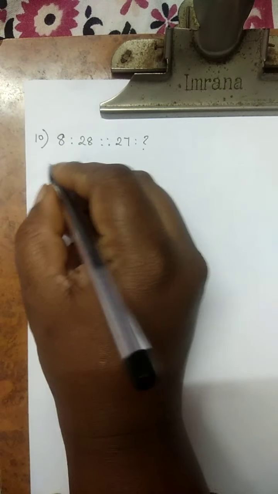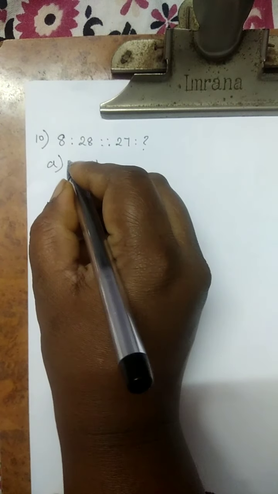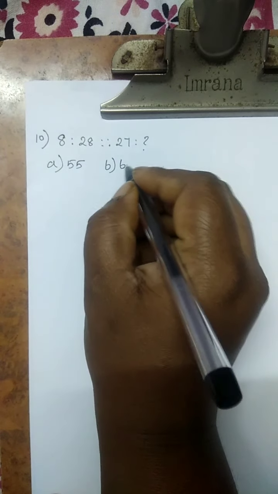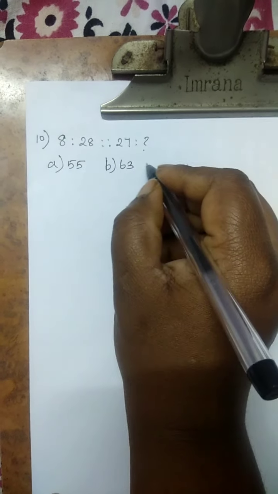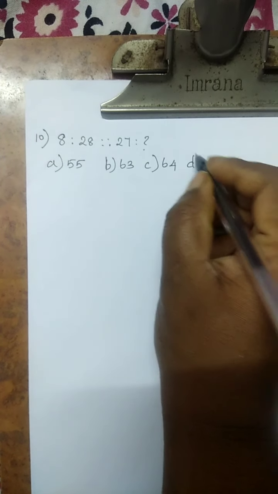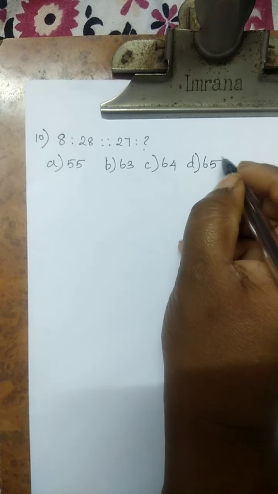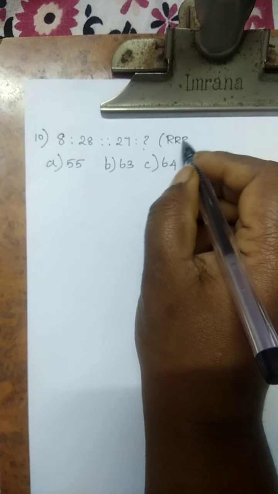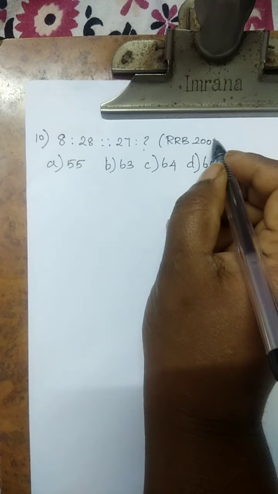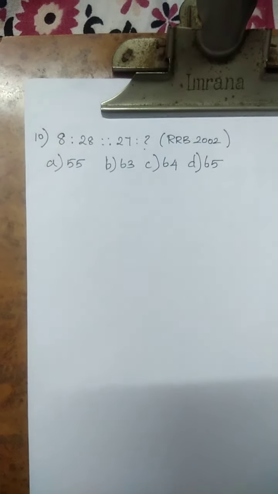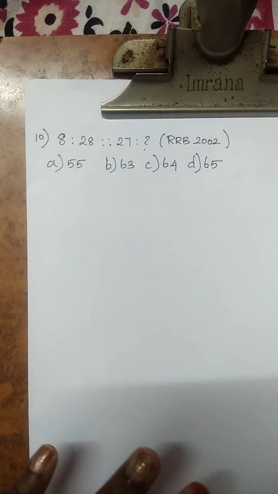And the options are A 55, B 63, C 64, and then D 65. And this question was asked in RRB exam 2002. So this is the question.